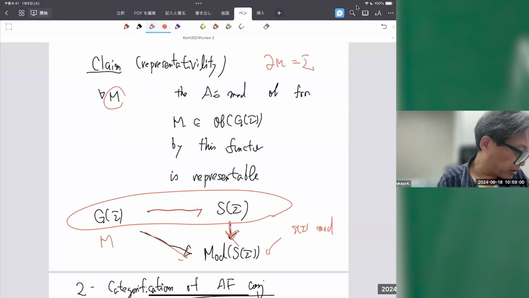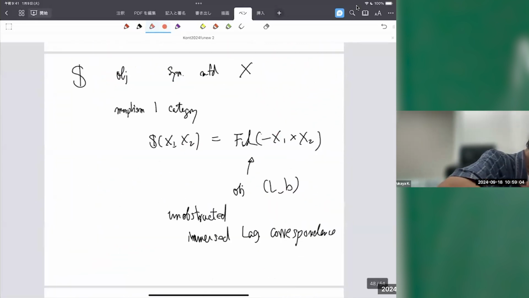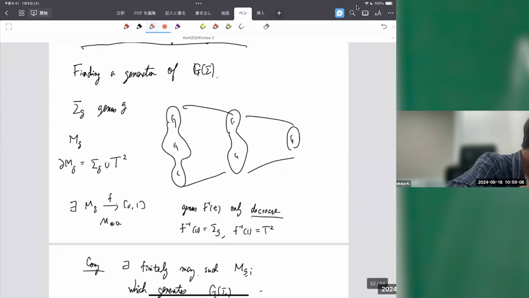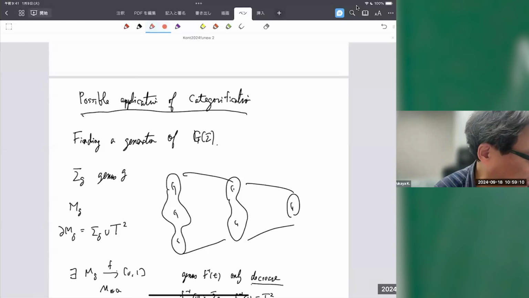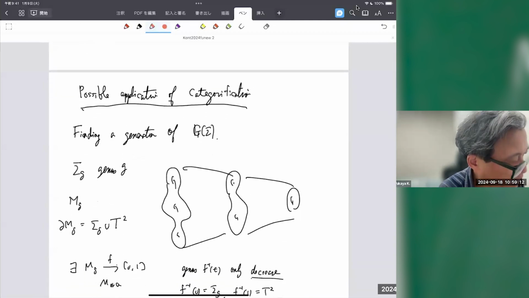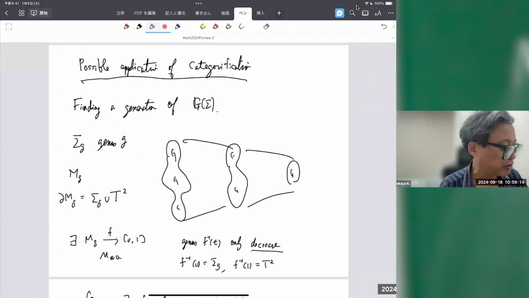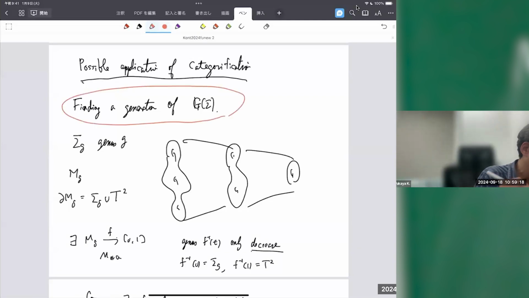Okay. So now rather than explain the claim or go to the two categorifications, I want to say a few words about a possible application of this kind of thing. I think I have at least one potential way to apply this. It is finding a generator of this category.